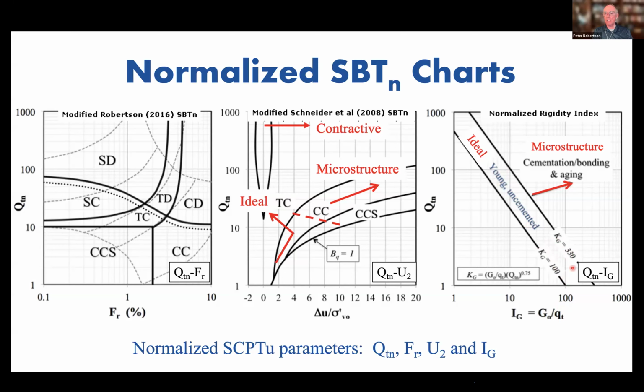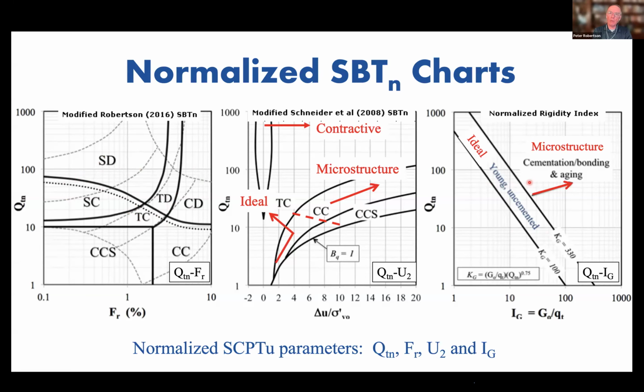And the intercept of these lines gives this kG value of between 100 and 300. And so if your data with measured shear wave velocity fell within that bound, it said that the soils were basically well behaved, they were relatively young, and they were uncemented, had little or no bonding, and the mineralogy was relatively normal. It didn't have any unusual mineralogy.